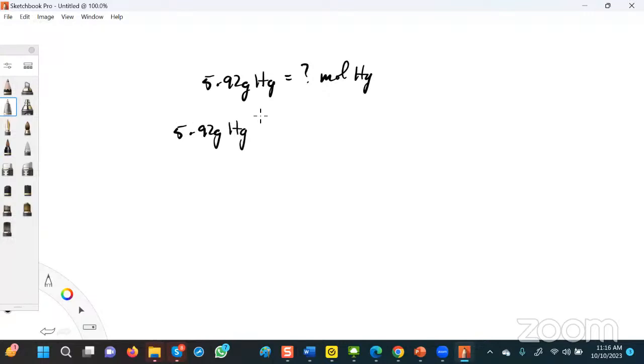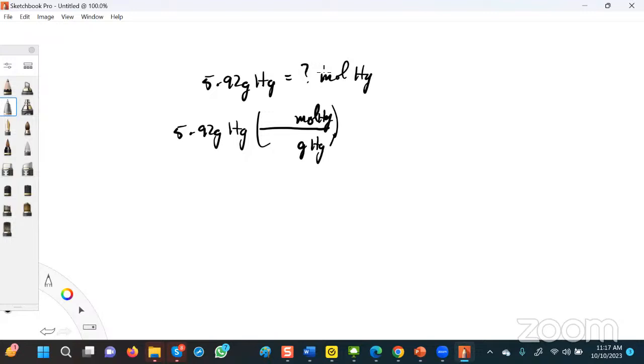And what I'm going to do is multiply by the appropriate conversion factor, which relates mole to grams. Now, of course, you have to be careful where you put the different terms. So as the numerator, I'm going to put 1, well, not 1, but mole of mercury. I'm just concerned with the units for the time being. And then down here, I'm going to put grams of mercury, all right? And then I would go to the periodic table to look for the molar mass of mercury.